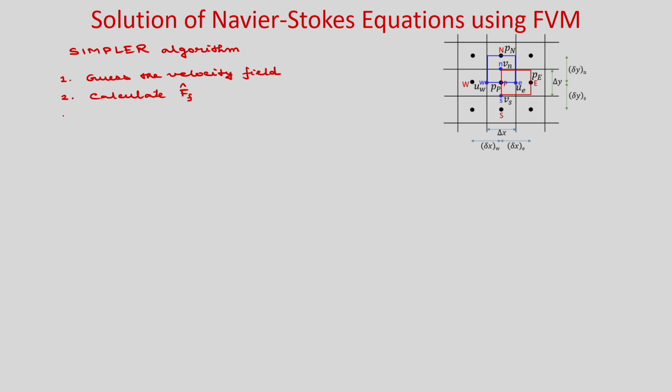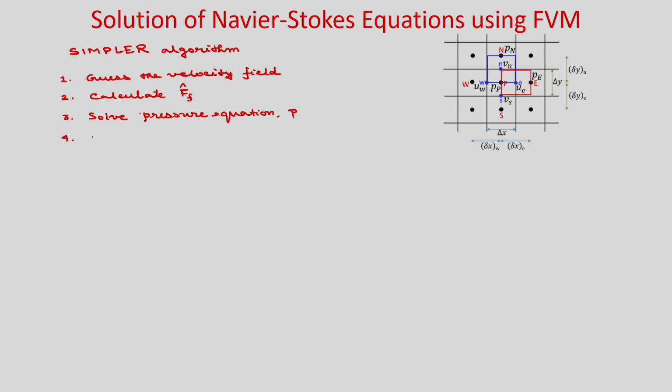Then you solve for the pressure equation. Okay. So, if the velocity field is exact, the correct pressure field will be recovered. Okay. So, towards the convergence, when you have the correct velocity field, anyway you will get a correct pressure field.